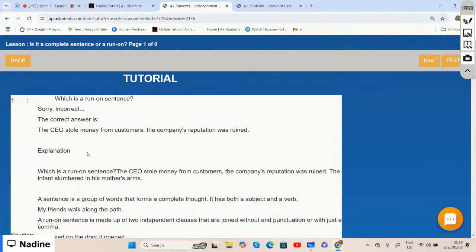Now we're going to say, is it a complete sentence or is it a run-on? And remember, a run-on is made up of two sentences that are basically joined as one. And if we want to fix the run-on, we can write it as two sentences.